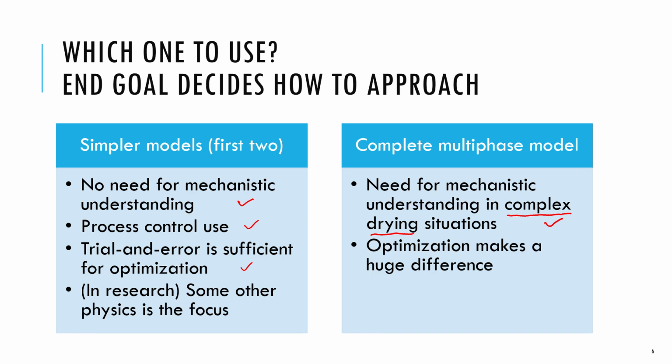Also where optimization of the drying process makes a huge difference, not a small difference, but it will mean a big deal in terms of scale up, for example, of a process. Then it is worth going for the complete or the most complex version of the physics, and that will give us the most comprehensive understanding of the process.